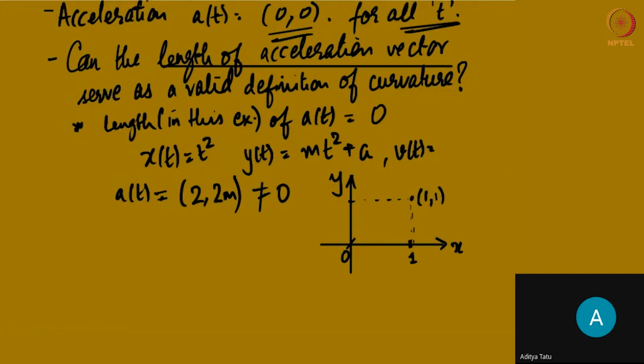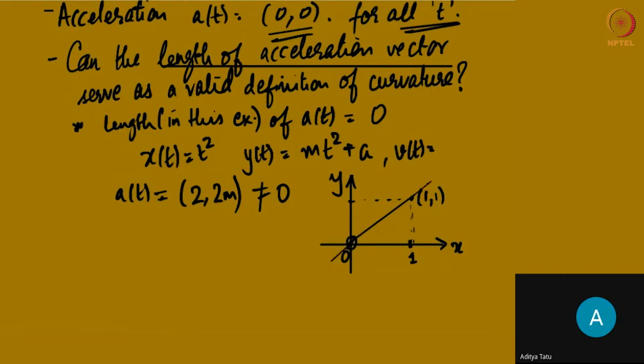When t is 0, at what location is the particle? Okay, let's for now assume this a is 0, just to make our lives easier. So when t is 0, x and y would be (0, 0), right? Yes, sir, it will be a straight line. It would be a straight line. Agree? Yes, sir, agree.